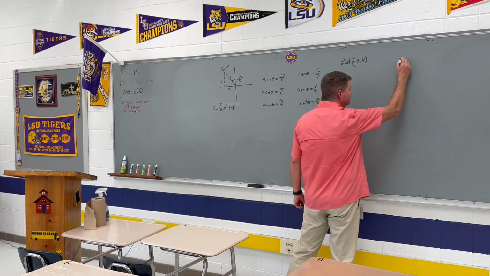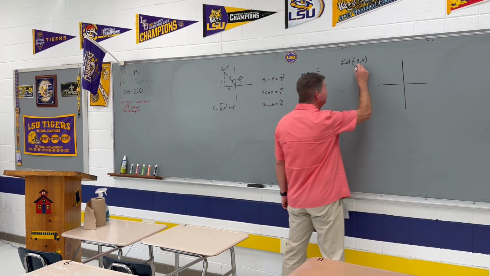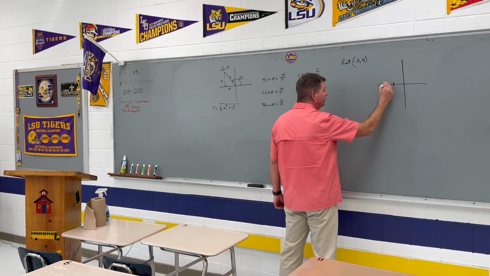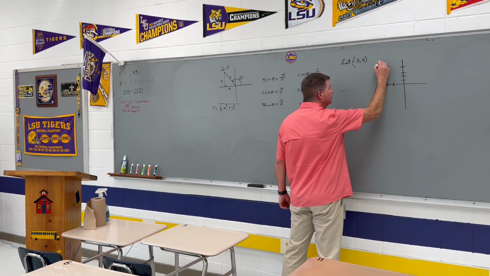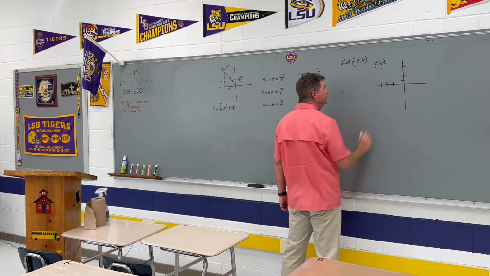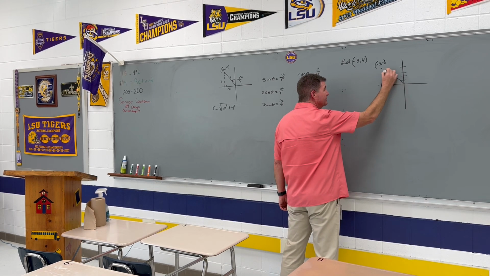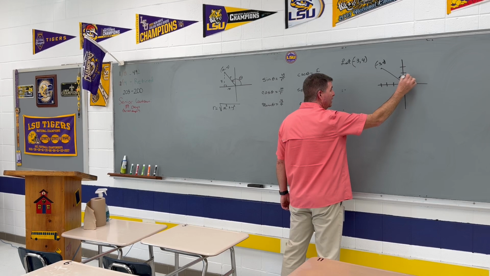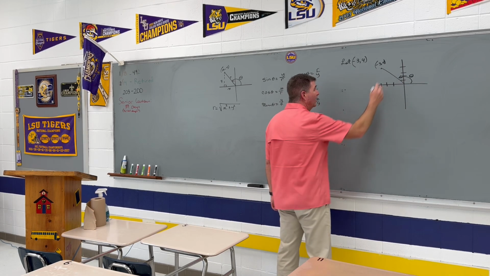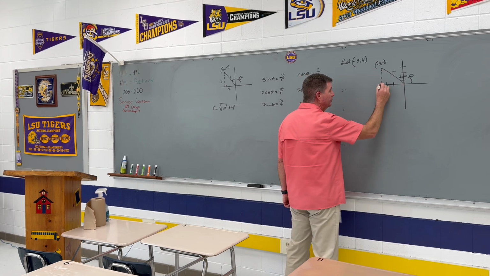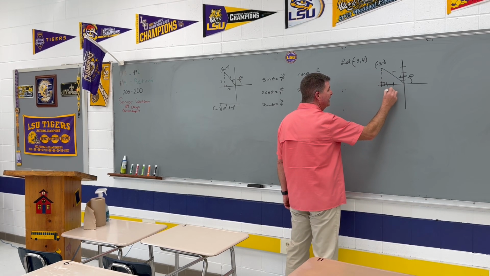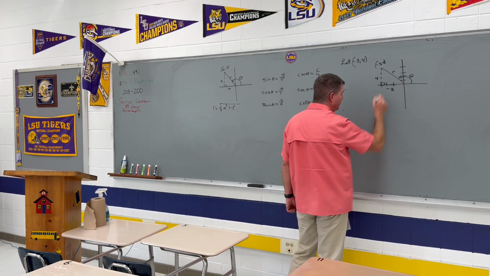If I draw this up here, negative 3, 4 will be over here. This is the terminal side, that's my theta. We can find the r, whether we make it into a triangle or not. This being negative 3, this being 4, find the r.